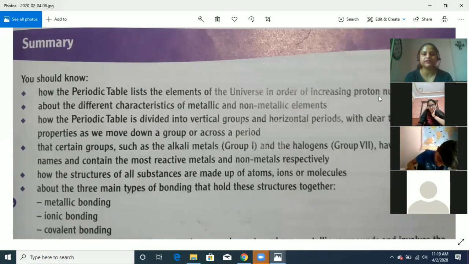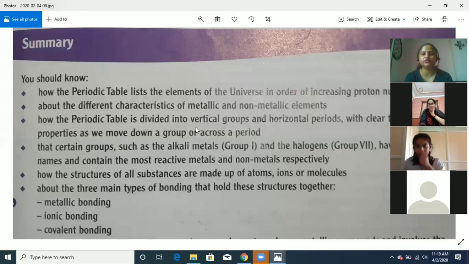In this chapter, we will learn different characteristics of metallic and non-metallic element. And we will learn that periodic table is divided into vertical group and horizontal periods. The horizontal lines are called period and vertical lines are called group.